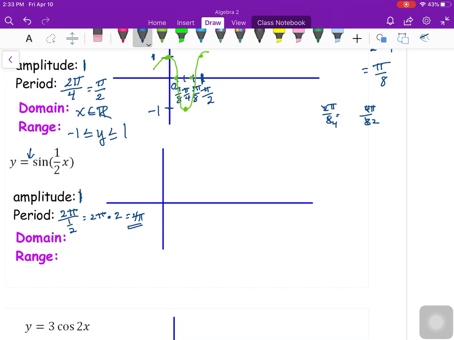So my period is 4 pi. So I have 0. Then I should have 1 pi, 2 pi, 3 pi, 4 pi. So I should be twice as large. Notice a normal cycle of sine happened between 0 and 2 pi. We are stretching that twice as far.